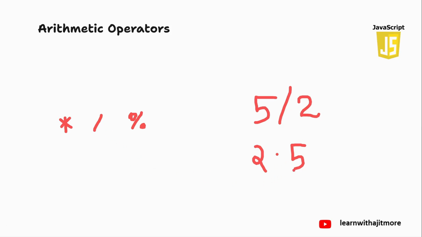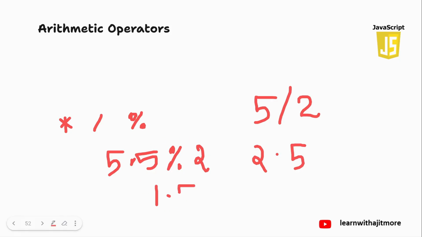Okay? So division will give you the quotient, and modulus will give you the remainder. About the signs and all, those rules I'll tell you in the next session. But modulus will give you the remainder. Like if I write 5.5 modulus 2, the remainder is 1.5 because 2 goes in 2 times. 2 twos are 4, remainder 1.5. 1.5 is less than 2, therefore stop. 1.5 is the remainder.